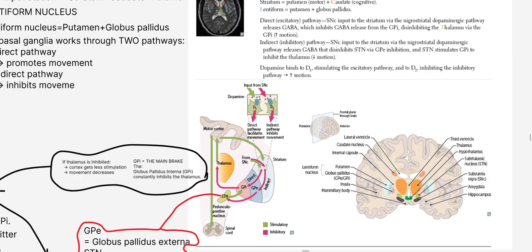This single concept explains Parkinson, Huntington, and some other diseases, right? So dopamine, since it stimulates the direct pathway and inhibits the indirect pathway, both of the dopamine actions in the end are basically an increase in movement, right?